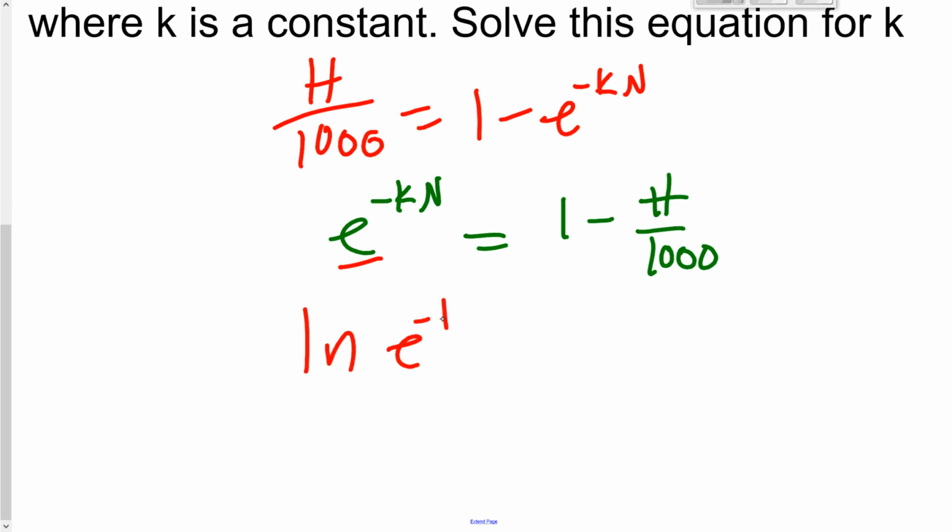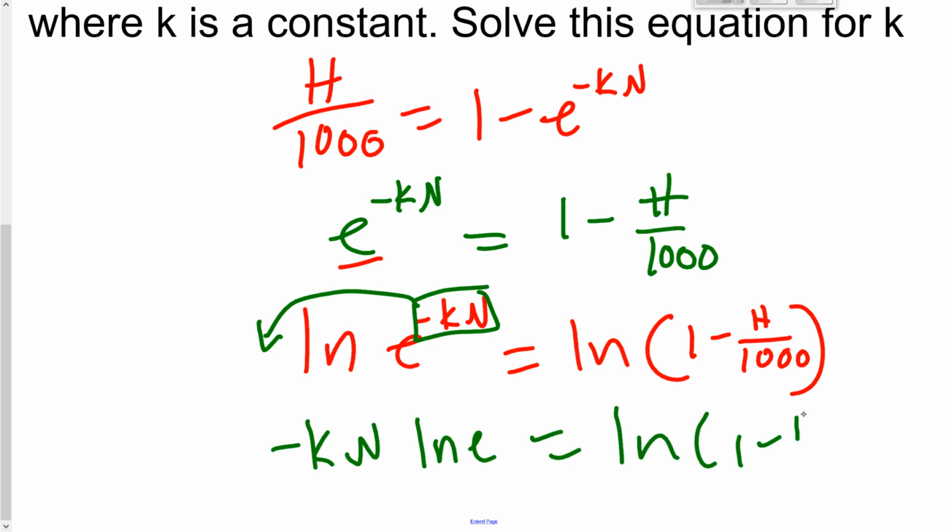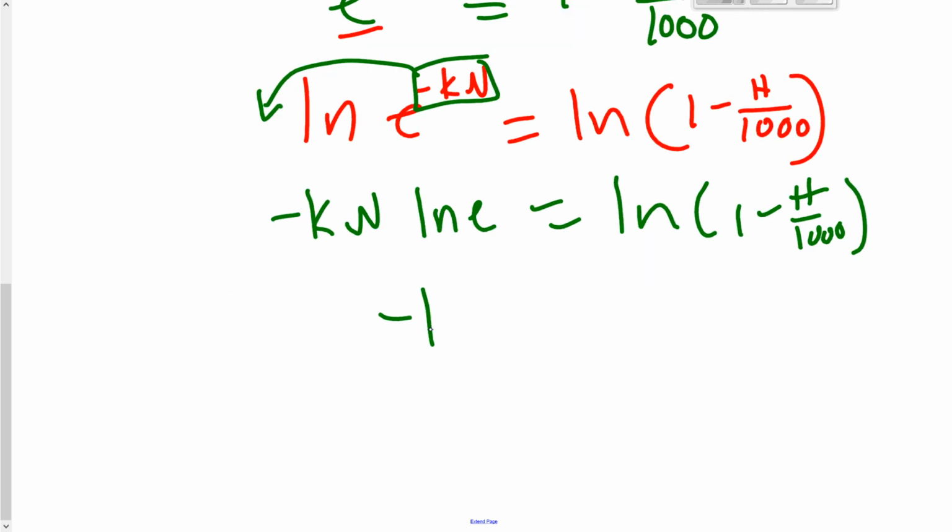So I'm going to take the natural log of this, and then I'm taking the log of 1 minus h over 1,000. Okay, and now I can go ahead and bring down my exponents, and then it is ln of e, and remember ln of e is equal to 1. So this is minus k times n equals ln of the quantity 1 minus h over 1,000.